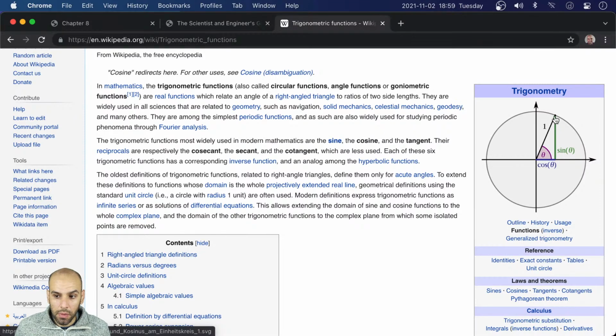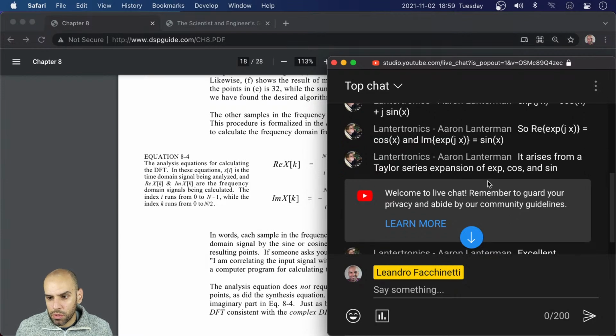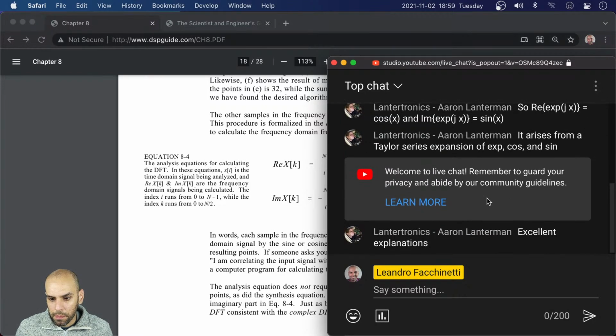But another way of thinking about it is as a plane with a circle, and this is the real axis, and this is the imaginary axis, and then you can plot on this space imaginary numbers, and you can reason about this circle, and sines and cosines play out in this space as well. And the hyperbolic functions work just the same, except that instead of a circle, it is a hyperbola. Right, so that's the story behind the association between real and imaginary.